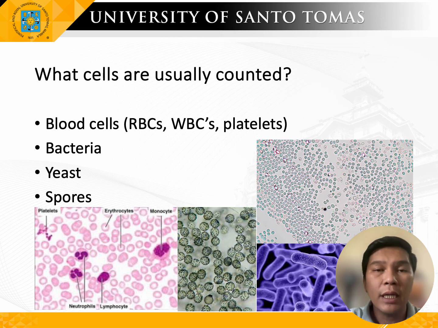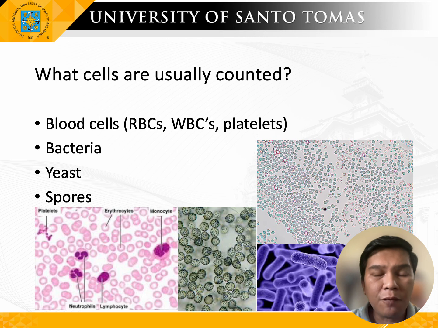Also, of course, the number of Bacillus species, which includes Bacillus thuringiensis or Bacillus subtilis. We also have yeast, which you will be counting today, which is of course again the Saccharomyces cerevisiae, and the number of spores which may be associated with that of the bacteria or that of a fungi.